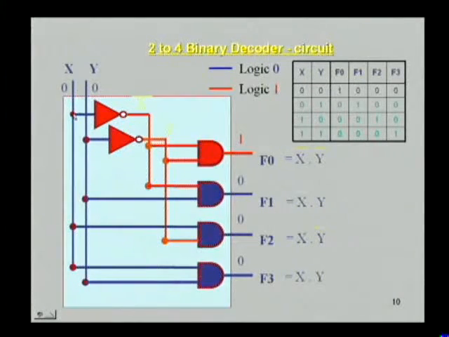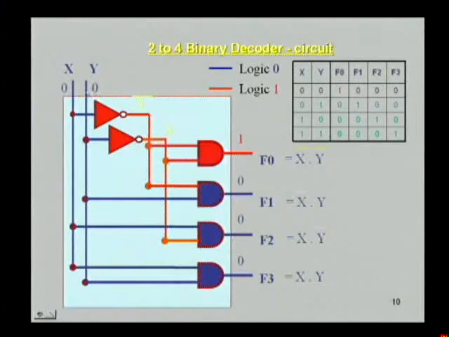Now we can see from these four, the first AND gate has inputs X bar and Y bar, the second AND gate has inputs X bar and Y, the third AND gate has X and Y bar as inputs, and the last fourth AND gate has X and Y as inputs.